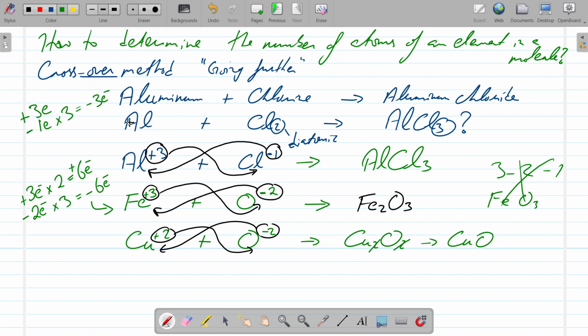So one atom of aluminum is giving up 3 electrons, and then you've got 3 atoms of chlorine that are accepting 1 electron each, and that's how you get aluminum chloride. Does that make sense? That is actually what's going on here.